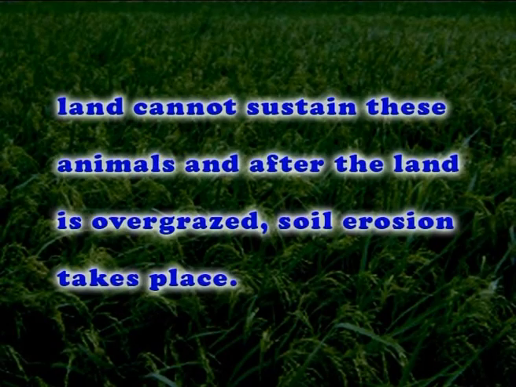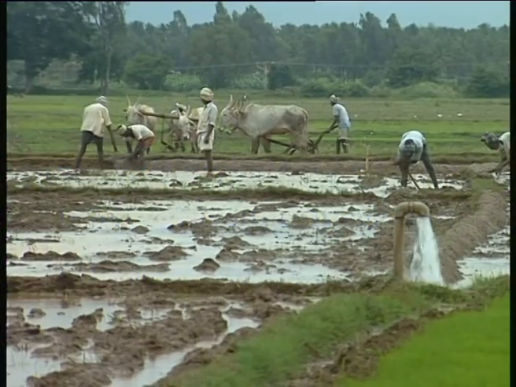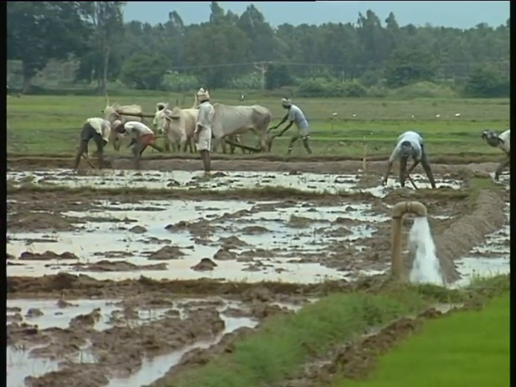On the other hand, land cannot sustain these animals, and after the land is overgrazed, soil erosion takes place. The animals are lean and poor in health, and the agricultural production of the land also declines.